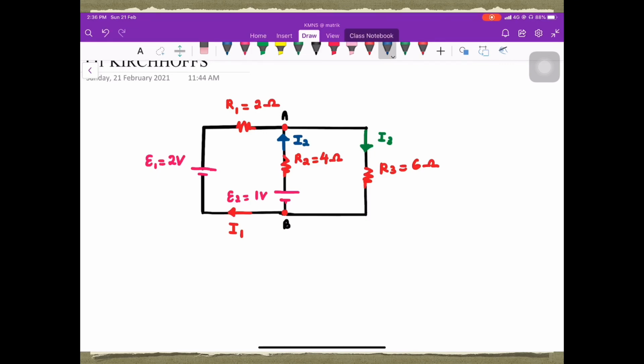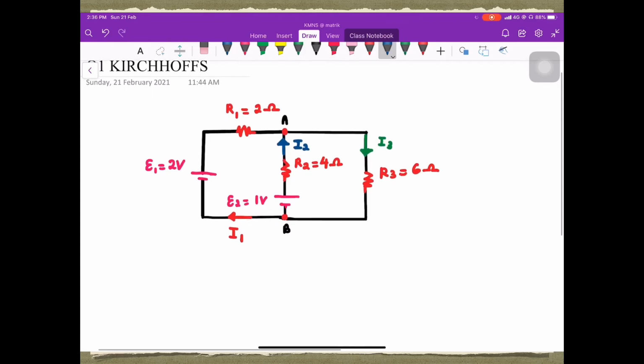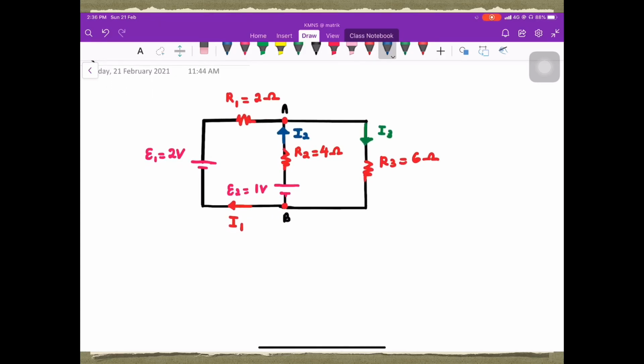This is a question related to Kirchhoff's law. Okay, step 1, we need to choose the direction of the loops. So draw your loops. Now I just choose, either you want clockwise or anti-clockwise, so this is clockwise.